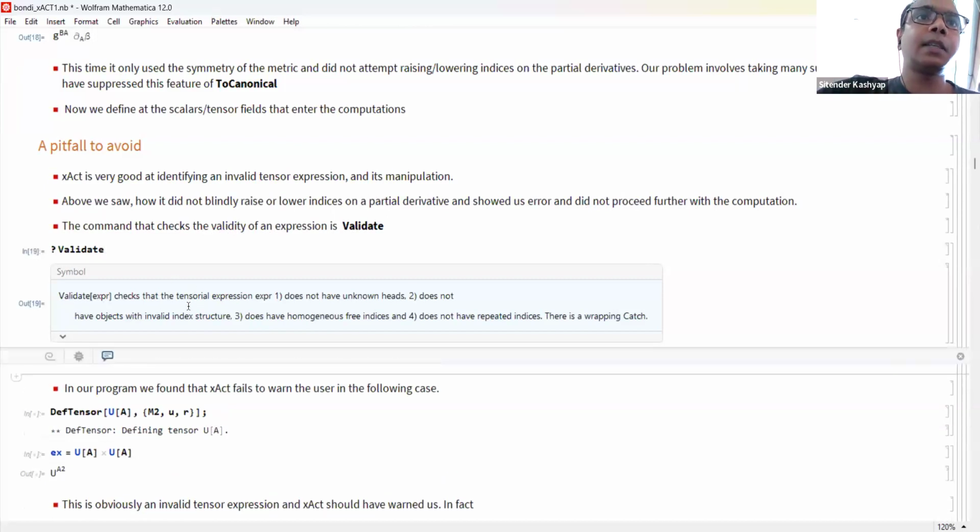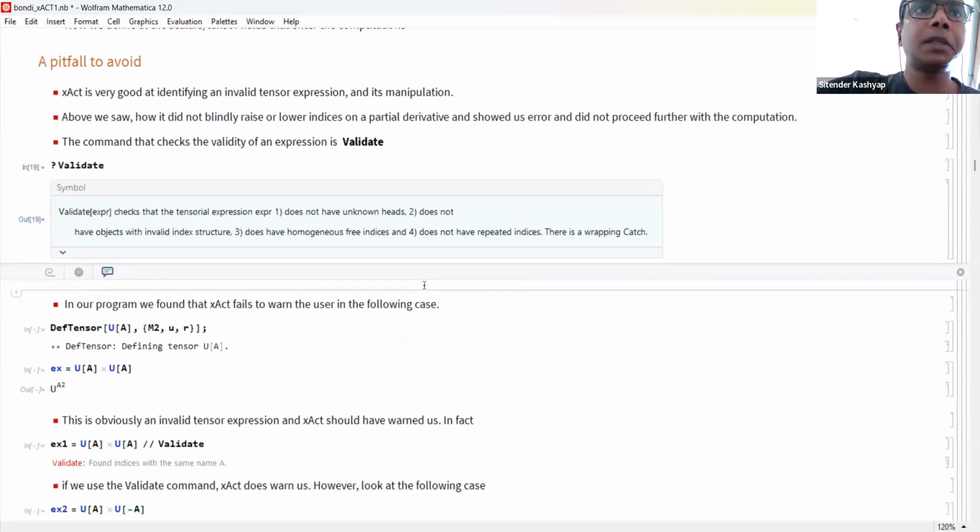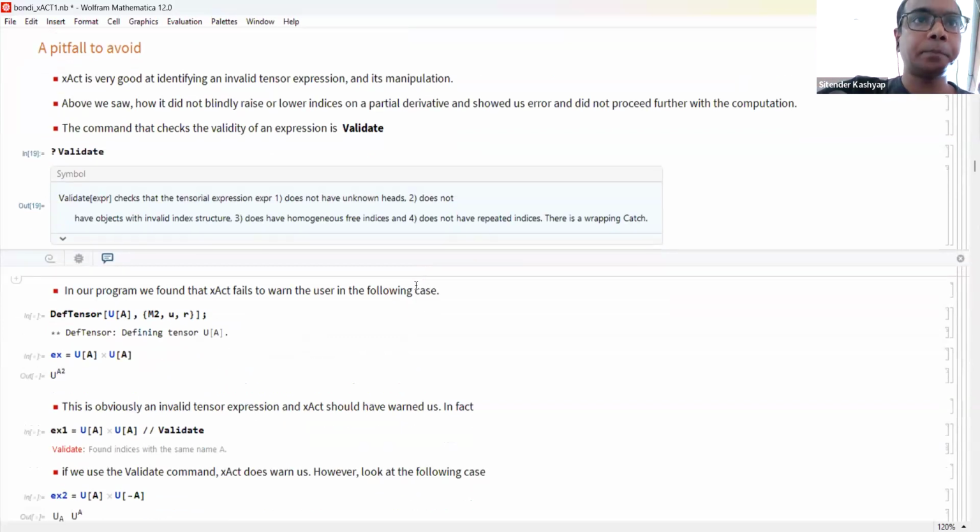So it essentially checks whether the tensorial expression has any unknown heads or an object with invalid index structure. So actually, this is the problem that we will see. Let me demonstrate how it is actually happening. In our program, we found that xAct fails to warn the user in the following case.